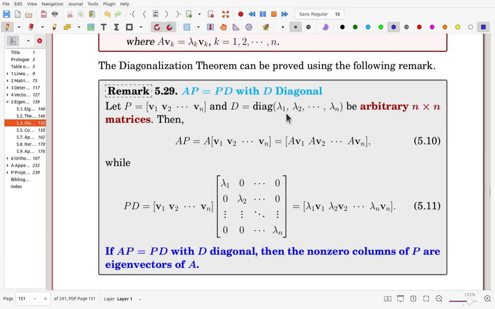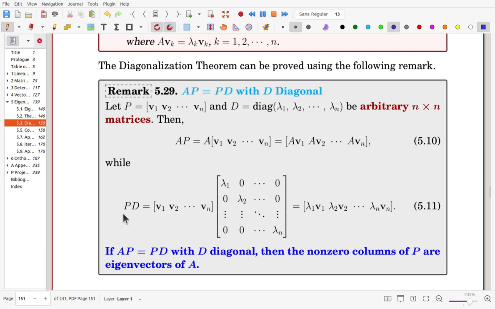We just start with two arbitrary n by n matrices, one a standard matrix, and the other a diagonal matrix. Now we try to get AP. Matrix multiplication is defined in this way: A is multiplied to each vector, so we have that.